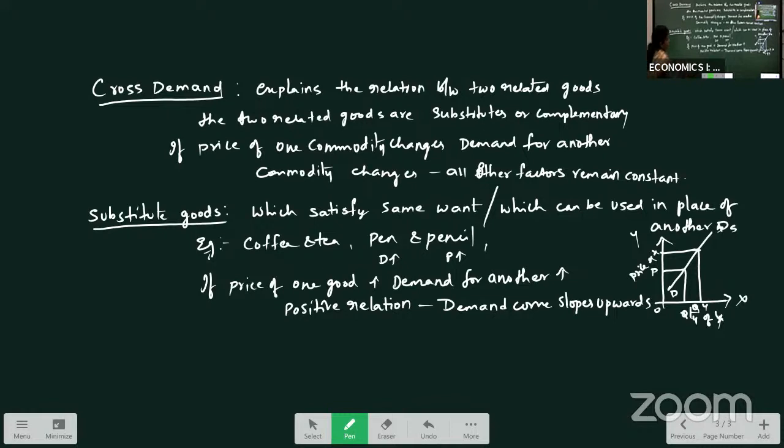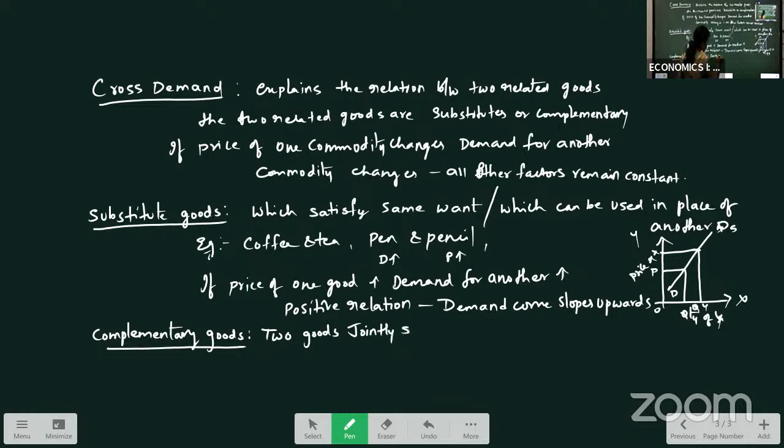Now, after substitutes, what is the other type of good we have? Complementary goods. What are complementary goods? Complementary goods are two goods that jointly satisfy our wants. Jointly means what?